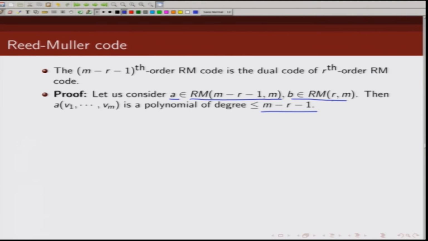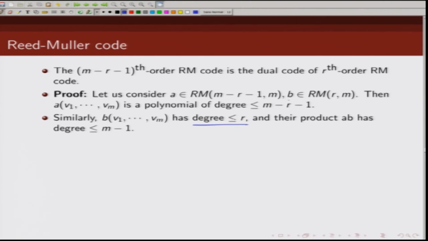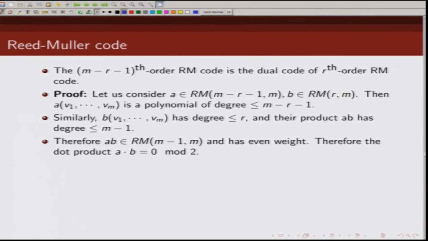And let us consider another code word B, which belongs to the rth order Reed-Muller code of length 2 raised to power m. So, A can be viewed as a polynomial of degree m minus r minus 1 or less, and similarly the degree of the polynomial B is less than or equal to r. So, if we consider their product, then this will be a polynomial of degree m minus r minus 1 plus r. So, that would be of degree less than or equal to m minus 1.